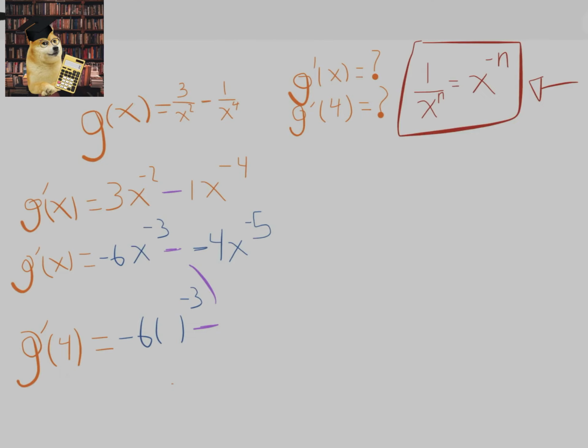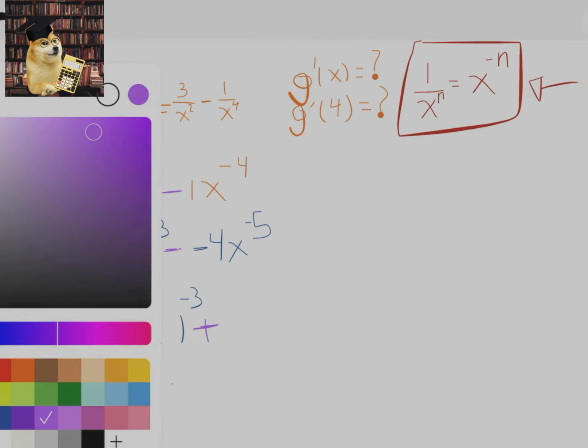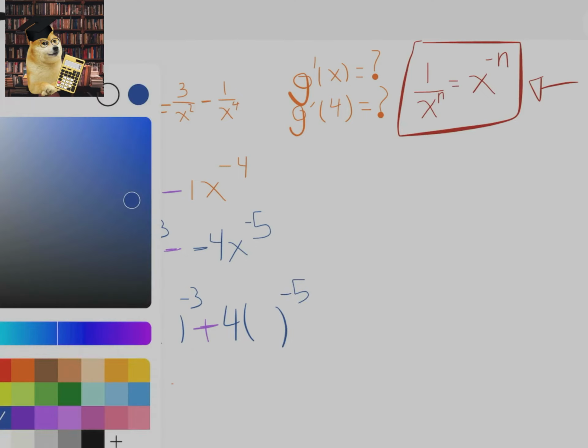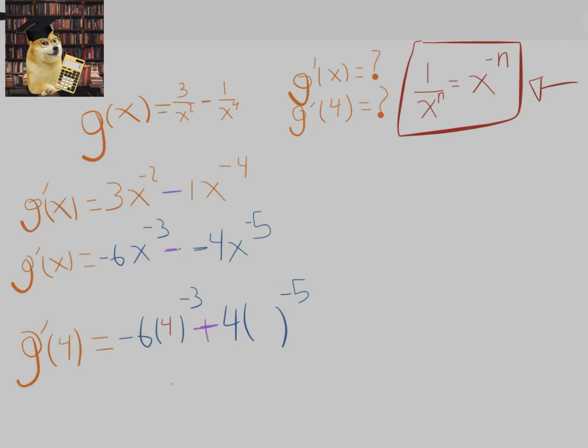And as you can see, we have a minus times a minus, which will make it a plus sign. So we have plus 4, we open a parenthesis, and instead of x we put a 4, to the power of negative 5, on both parentheses.